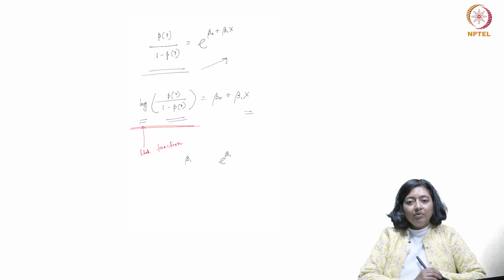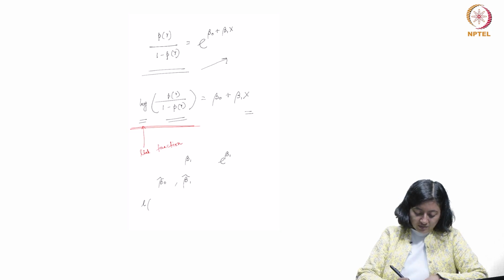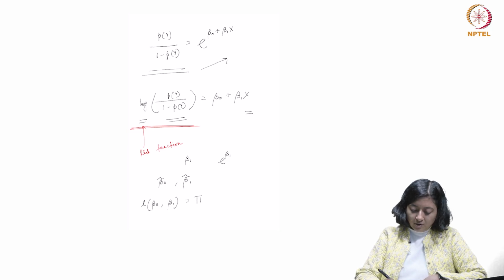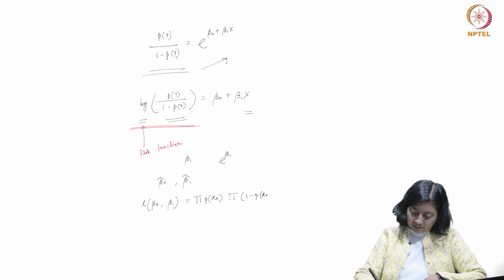So, we employ maximum likelihood estimation to calculate beta naught hat and beta 1 hat. And the likelihood equation looks like this: product of all the xi's and product of 1 minus probability of xi.